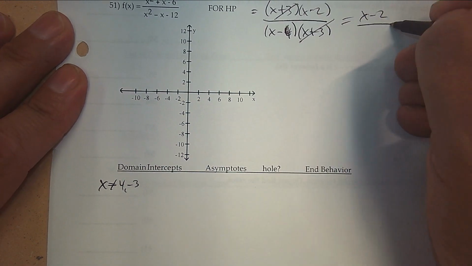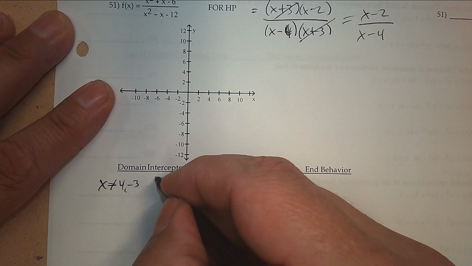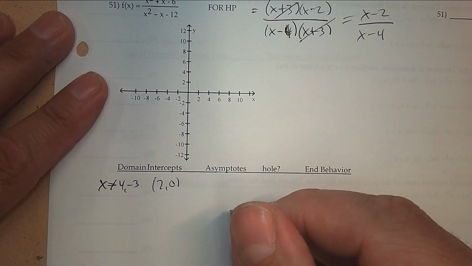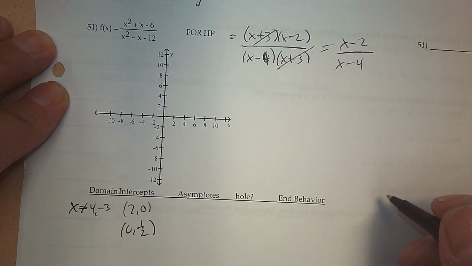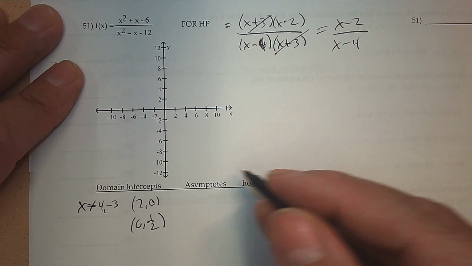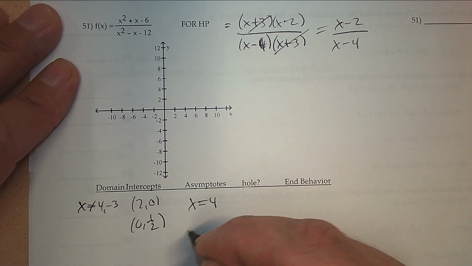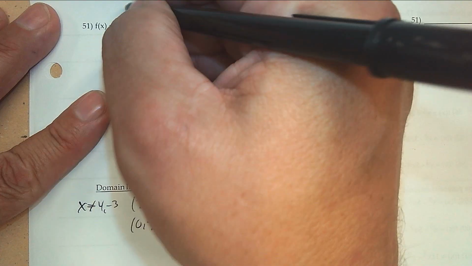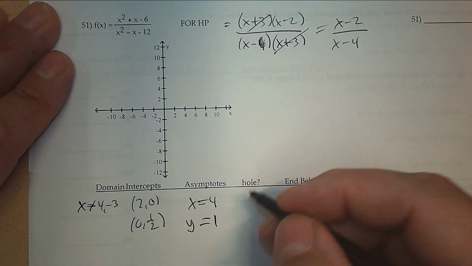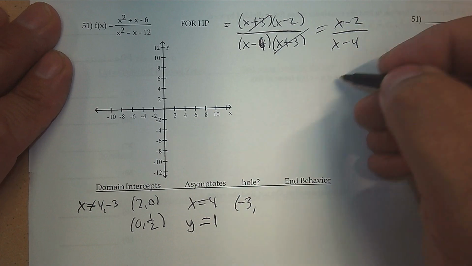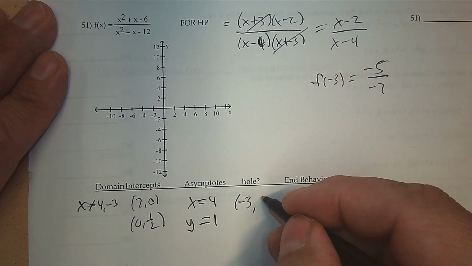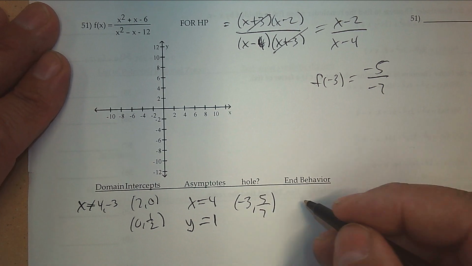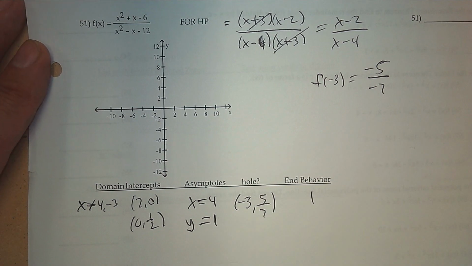So we have an x-intercept at 2 and a y at 1/2. We have asymptotes. So we have x equals 4 from the bottom, and then y equals 1, when you divide the power. There is a hole at negative 3. So when I plug negative 3 in, I get negative 5 and negative 7. And the end behavior is going to be the horizontal asymptote, both sides.